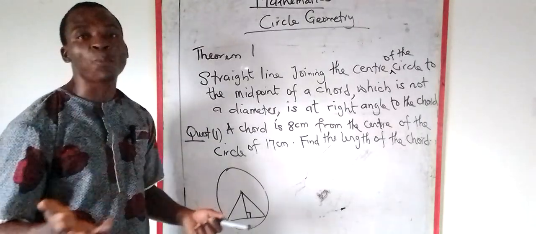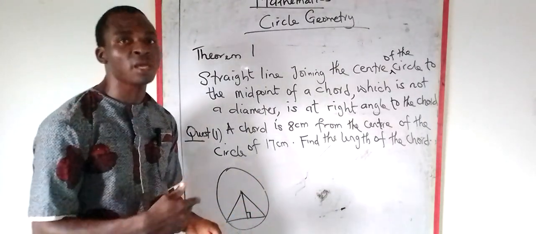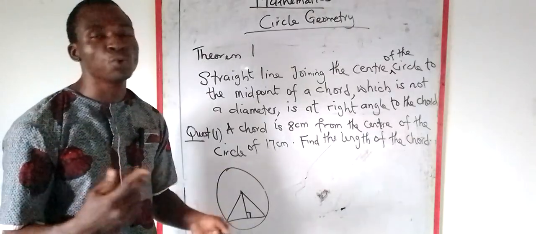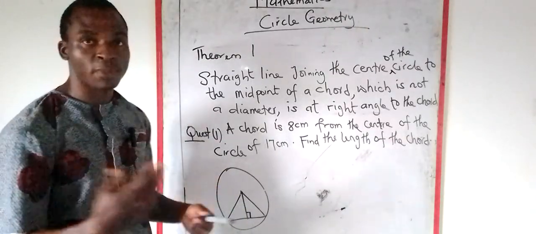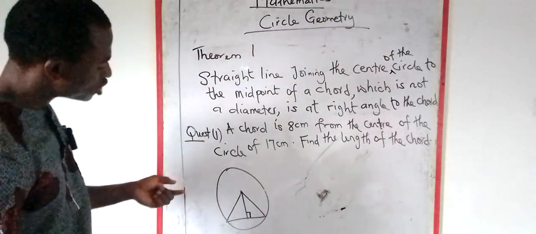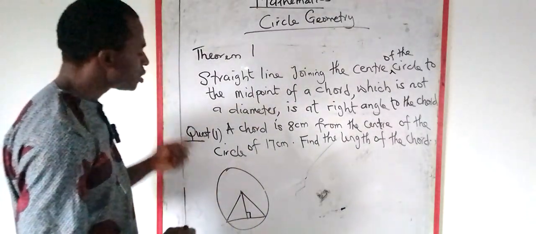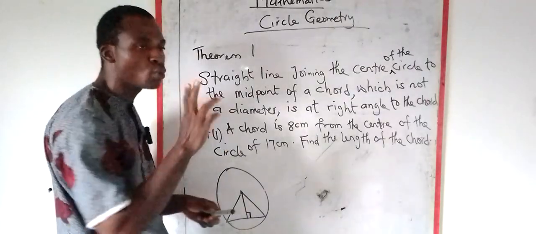This gives us the opportunity to use Pythagoras theorem. I've posted how to work with Pythagoras theorem in our previous video. What you should know is that this law works two ways.